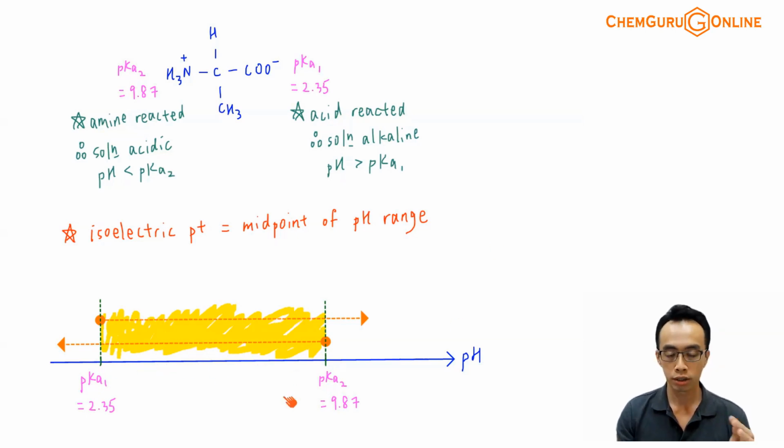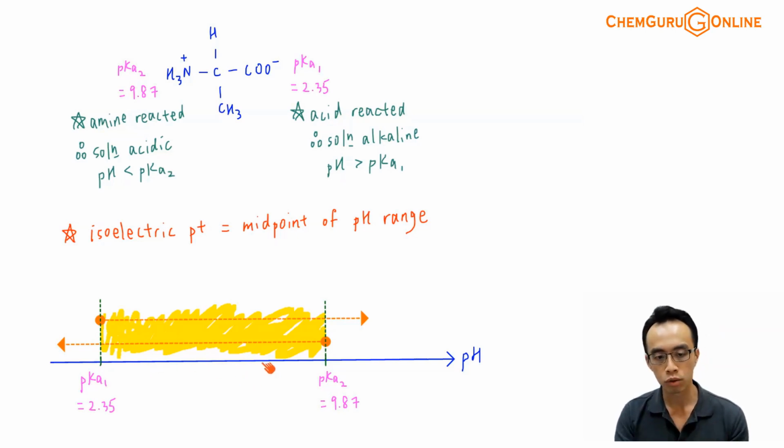So this is actually the whole range where your amino acid will exist predominantly as a Zwitterion. That means the majority of it will be the Zwitterion. So what we want is the instance where 100% of my amino acid will exist as a Zwitterion. By definition, that point where my amino acid exists 100% as a Zwitterion will be my isoelectric point.